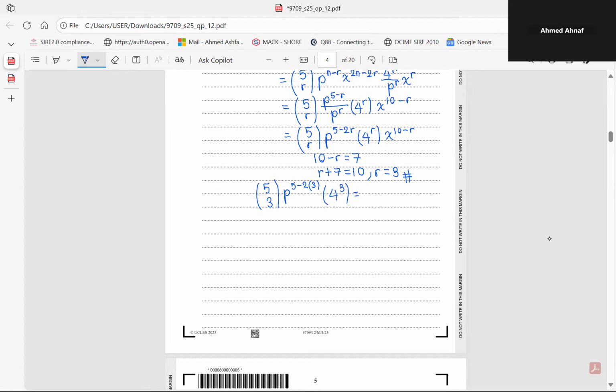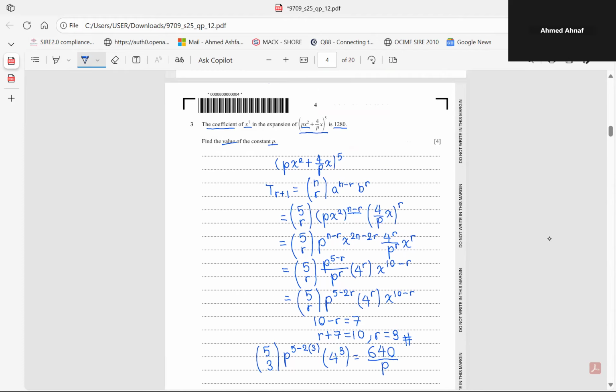So let's evaluate everything with the calculator. So 5 choose 3 is equal to 10. 10 times 4 to the power of 3, that's 640. And p to the power of 5 minus 6, that is p to the power of negative 1, which is just 1 over p. So this would be 640 over p.